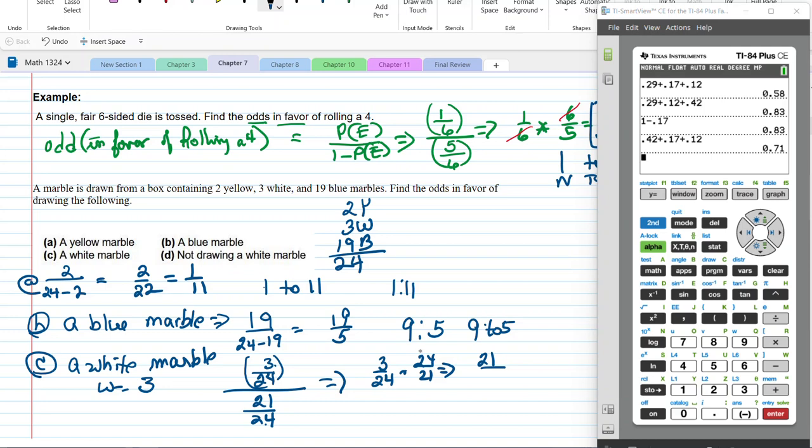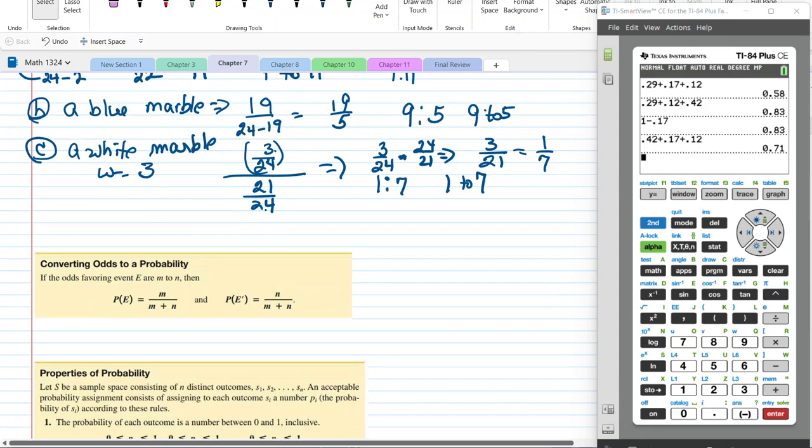Let's cancel. 3 out of 21 reduces to 1 over 7, 1 to 7. Okay. All right.